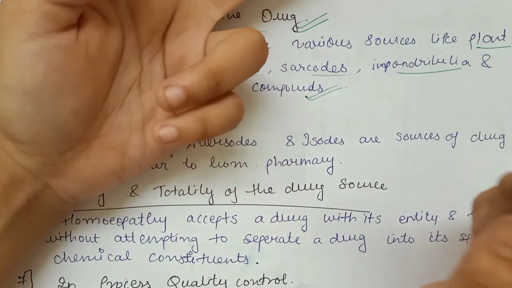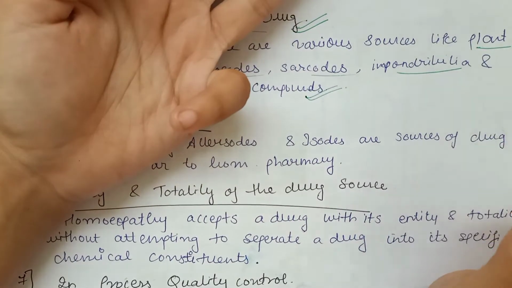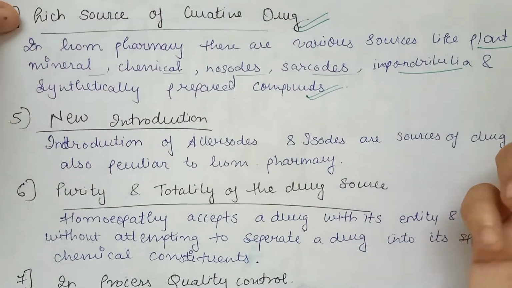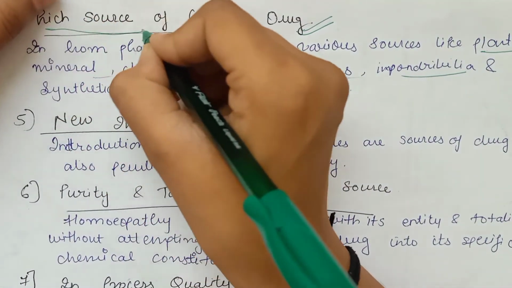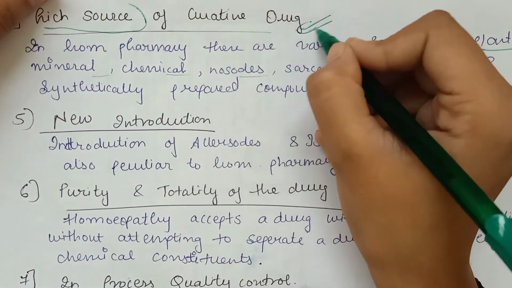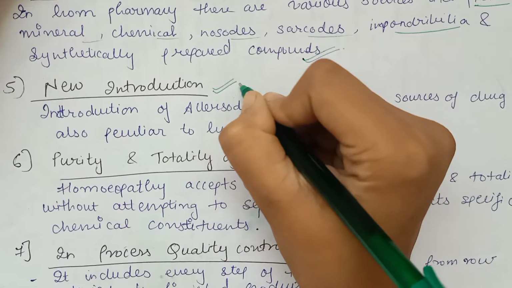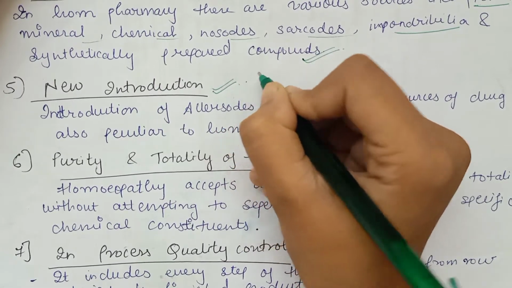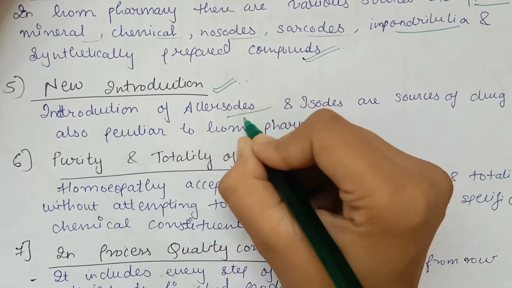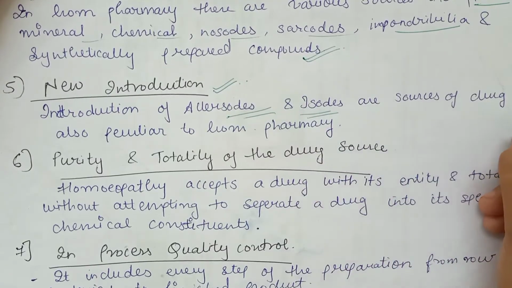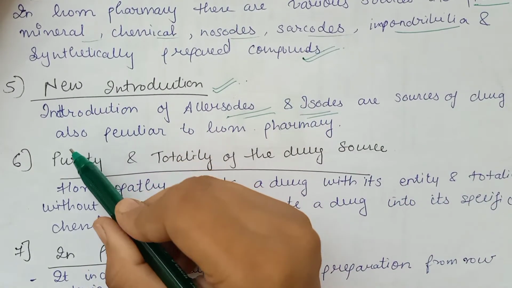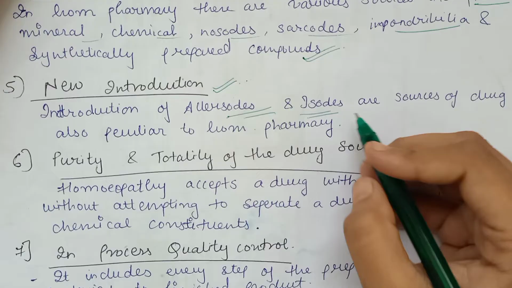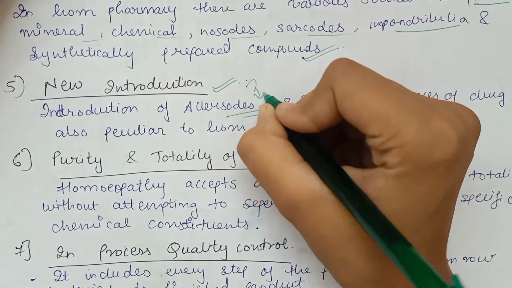Then new introduction. There are new sources introduced in homeopathic pharmacy, like allersodes and iosodes, which are sources of drugs. It is also peculiar to homeopathic pharmacy and it is newly introduced.